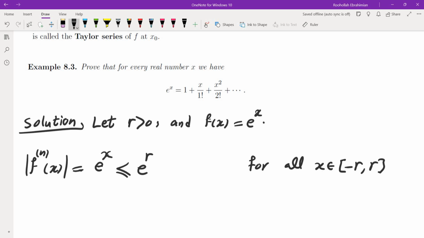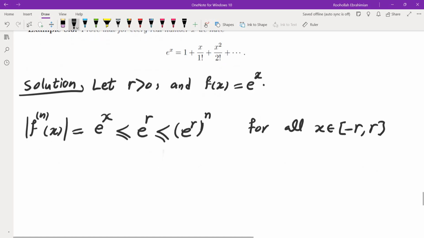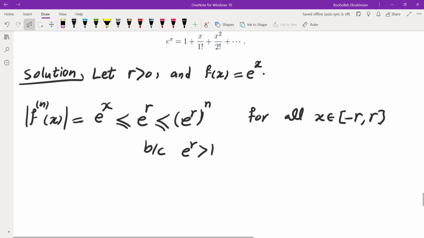So I know that. And what I need is the nth derivative of f to be less than or equal to m to the n. This is just e to the x. So can I say this is less than or equal to e to the power of r, to the power of n? Yes. This is because e to the r is at least 1. Or in fact, it is more than 1. Because r is positive, e to the r is more than e to the 0, which is 1.